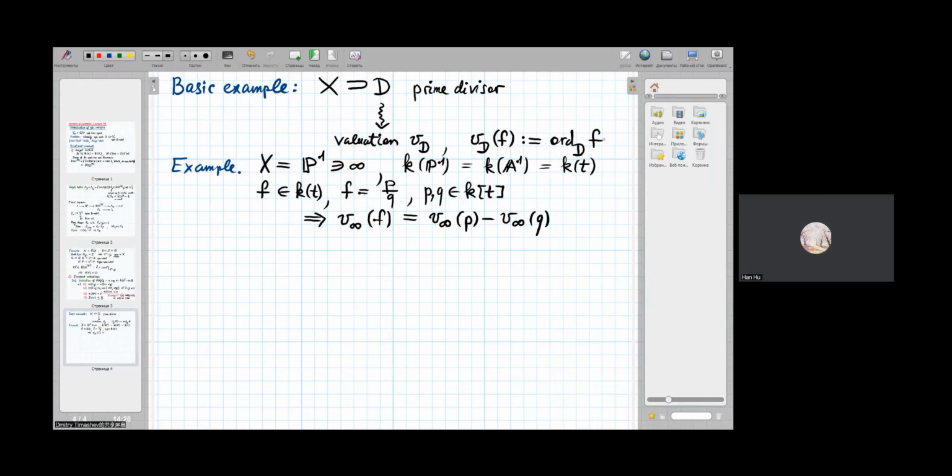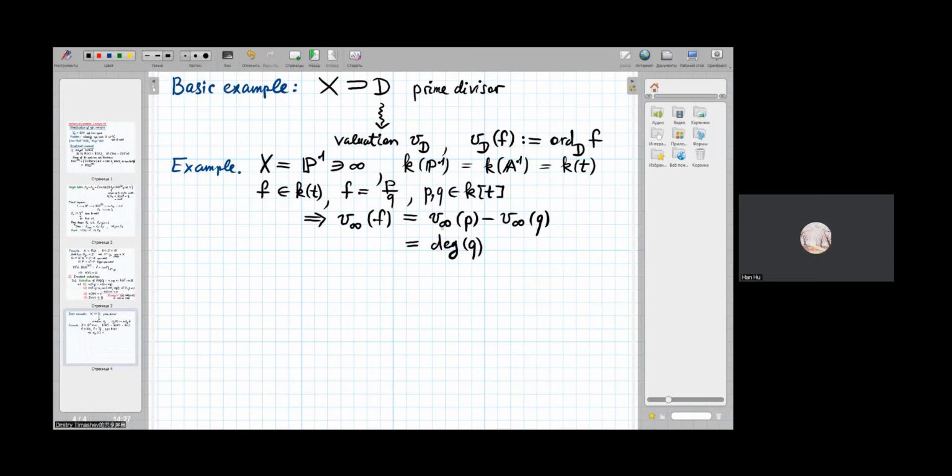But when you consider the vanishing order, the order of a pole is taken with the minus sign. That is, v of infinity at q is minus the degree of q. And since you have already minus here, you get plus degree of q.